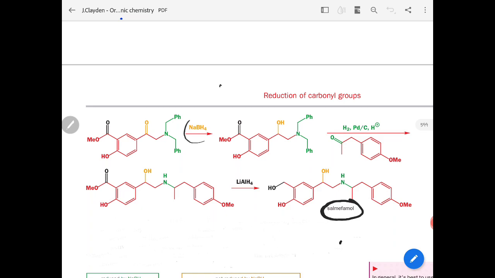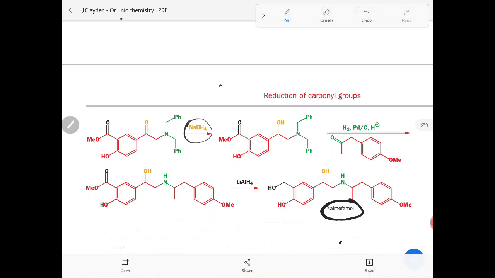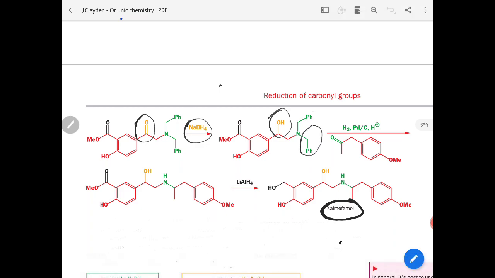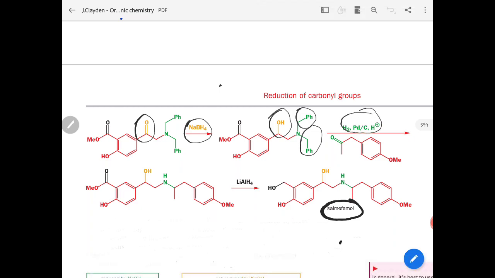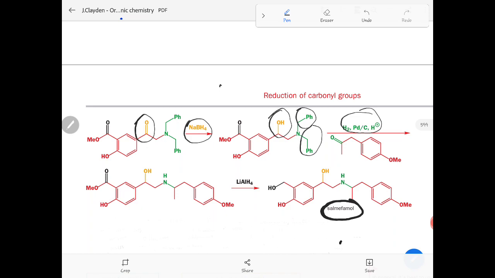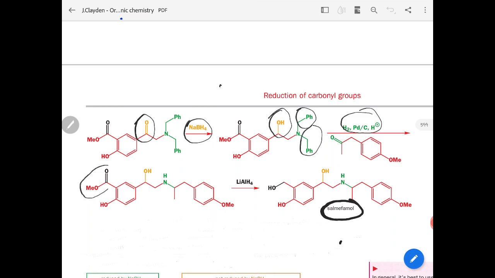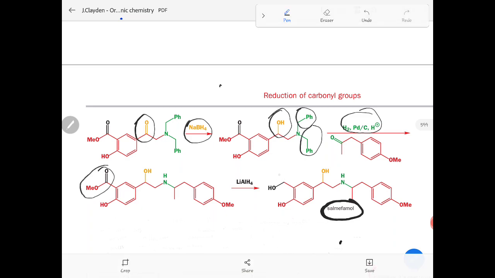There is a reducing agent used here. This keto group is converted to OH, and in the next step this group is removed and an addition happens. Along with that, reduction also happens here. The reducing agent is hydrogen in presence of palladium, and finally this ester group is removed and converted to OH group. It is again reduction.